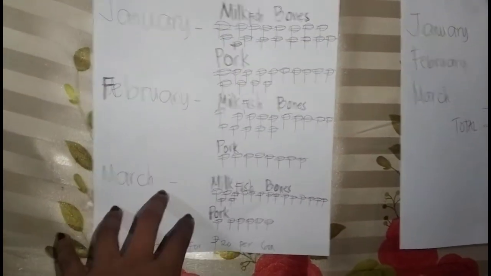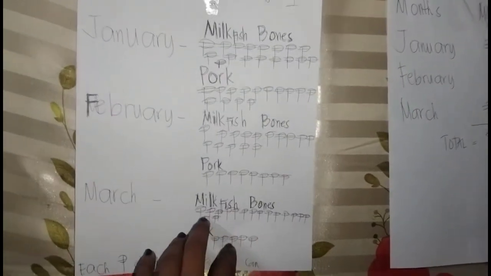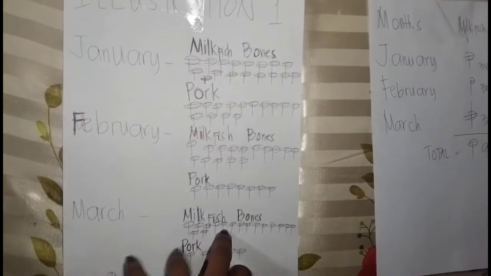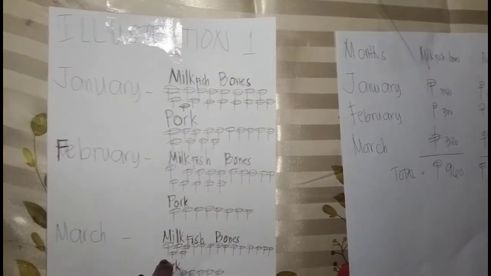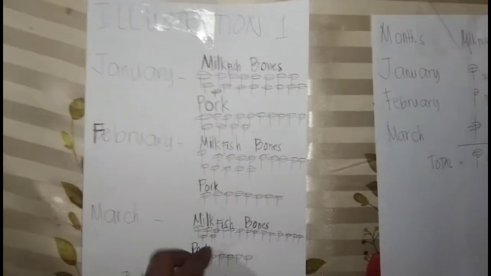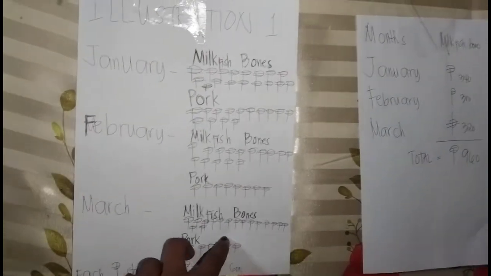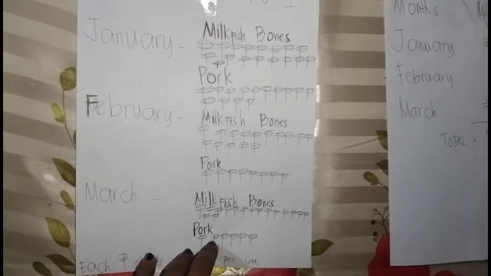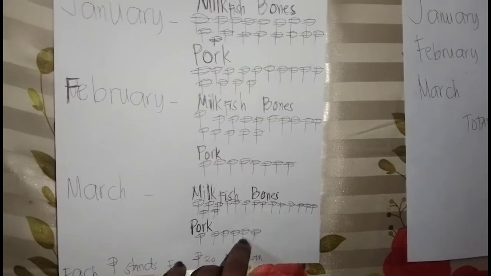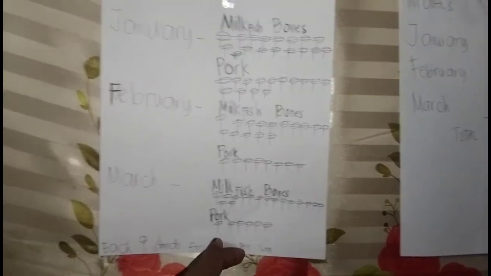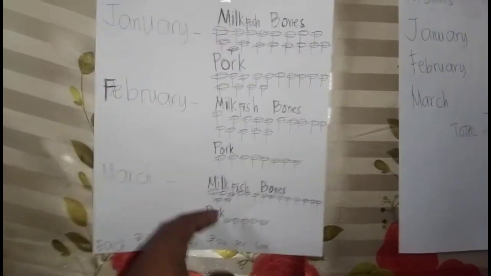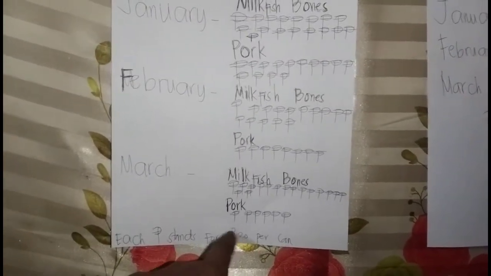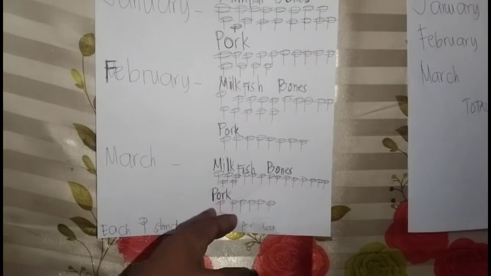For the month of March, we have 16 milkfish bones and the pork is 6. Each peso sign here stands for 20 pesos per can.